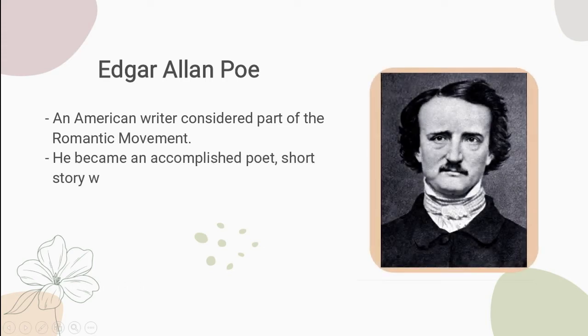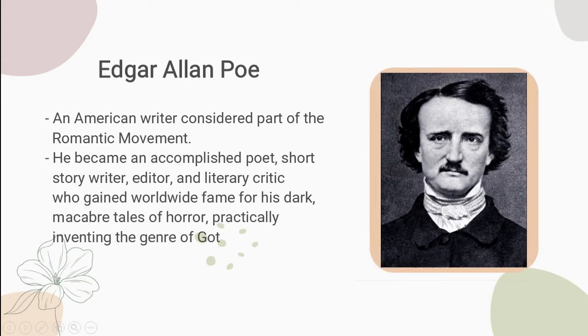Edgar Allan Poe was an American writer considered part of the Romantic movement in the subgenre of dark romanticism. He became an accomplished poet, short story writer, editor, and literary critic who gained worldwide fame for his dark, macabre tales of horror, practically inventing the genre of Gothic literature.